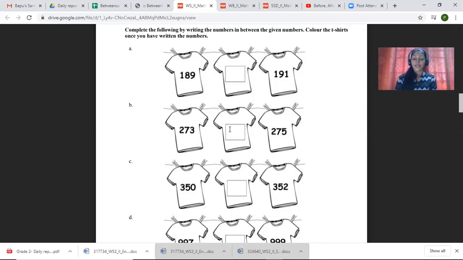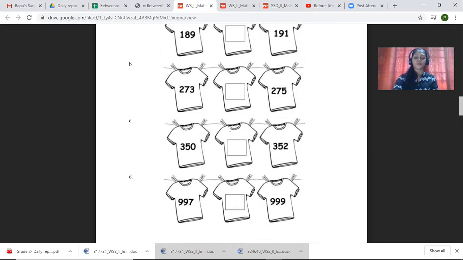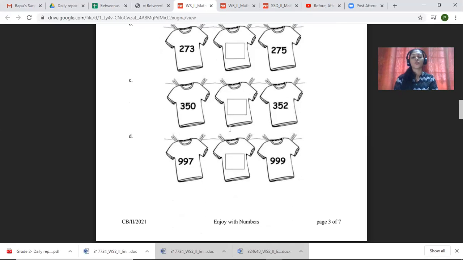The number is missing. And the next number is 352. Right? So what is the missing number there? 351. Very good. So you have to say it in the order. Then you will get what the number is. 350, 351, 352.